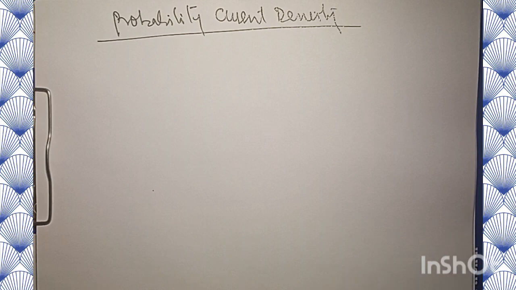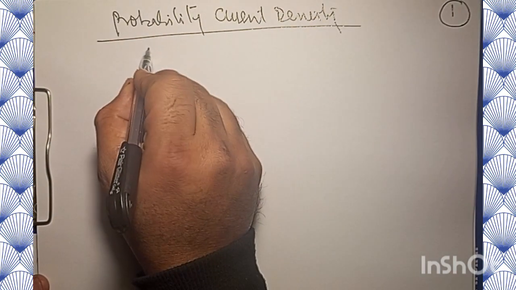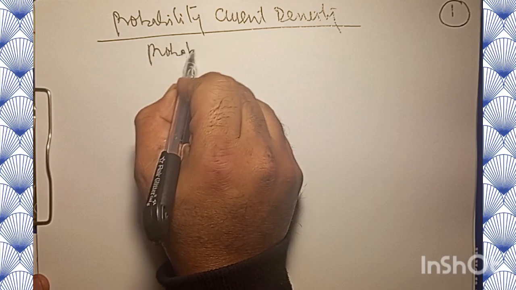In this video, I'll be talking about the probability current density. If I rightly talk about the wave function, it is to be interpreted by the probability amplitudes.